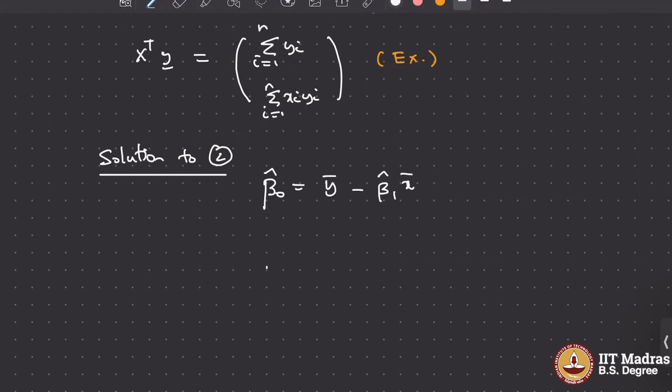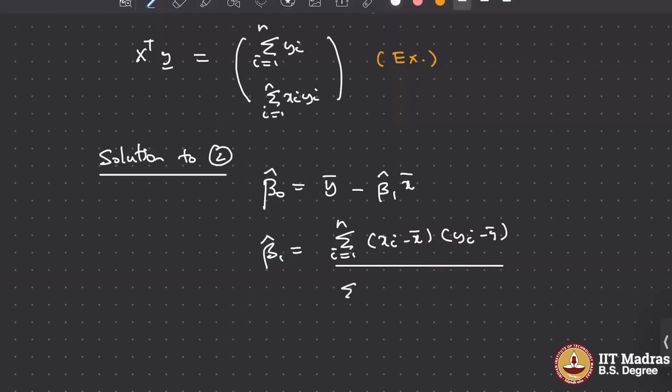And beta 1 hat would be equal to the sum of xi minus x bar times yi minus y bar, the whole thing divided by the sum of squares. So sum of squares is going to be summation i equal to 1 to n of xi minus x bar, the whole square.